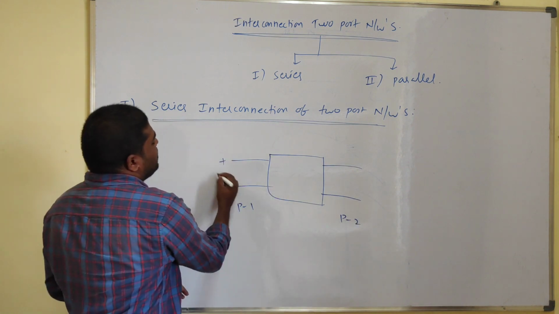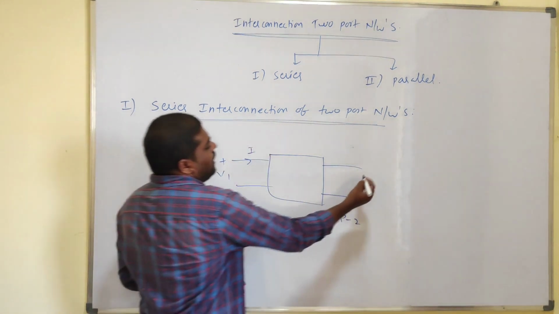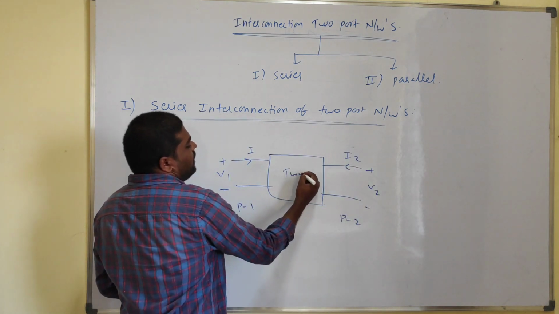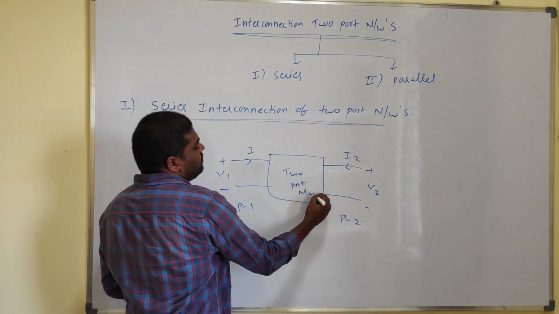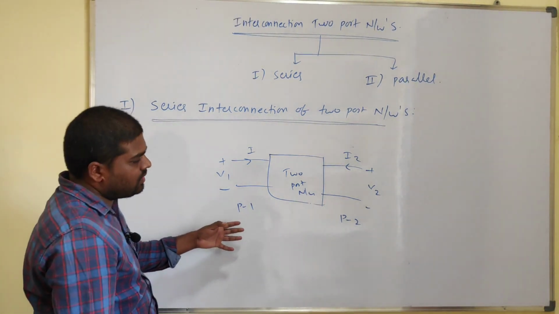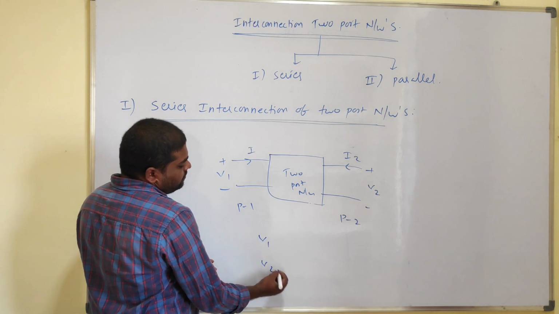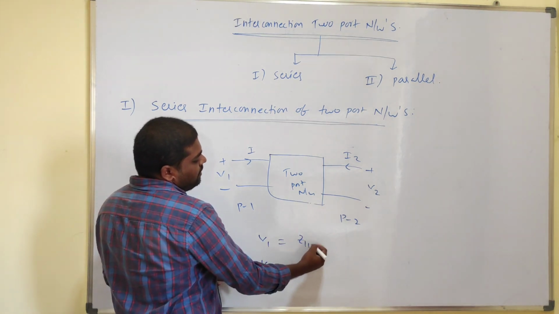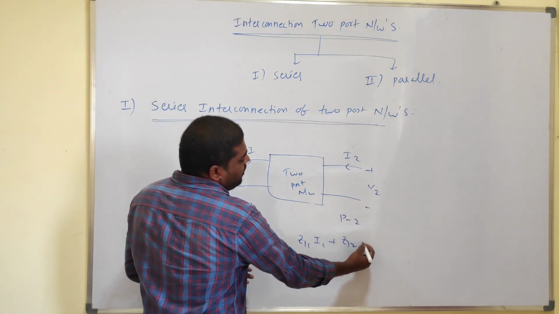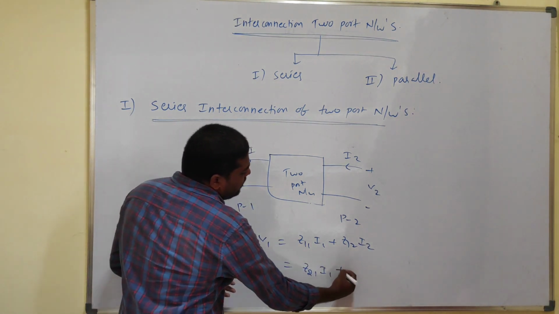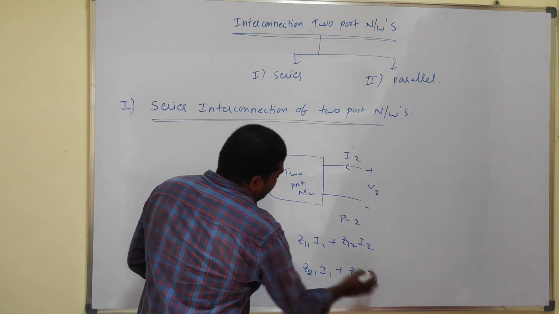Here the variables are V1 and I1, and here the variables are V2 and I2. V1 equals Z11 into I1 plus Z12 into I2, and similarly V2 equals Z21 into I1 plus Z22 into I2.